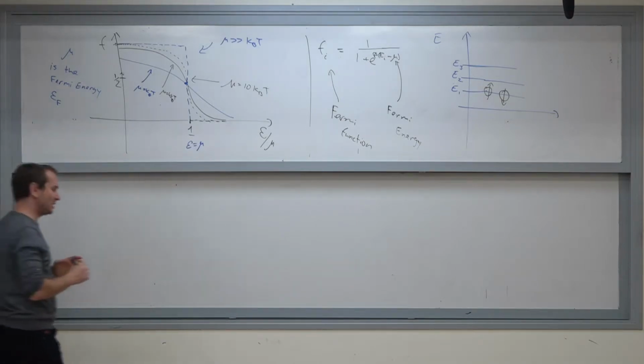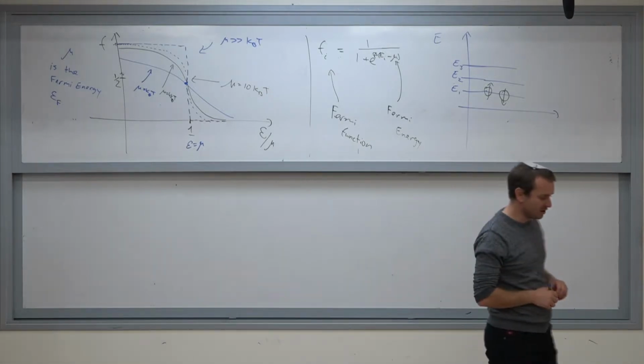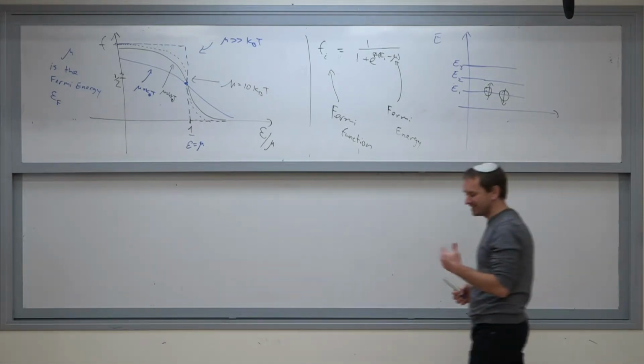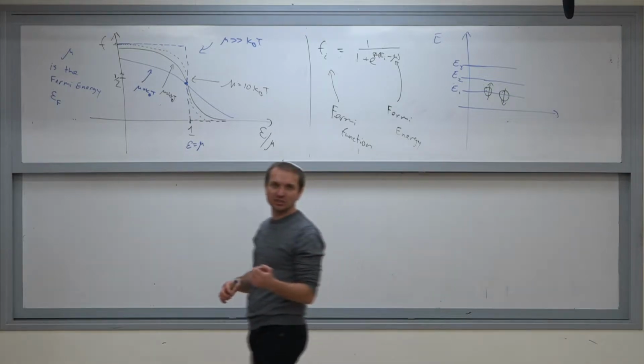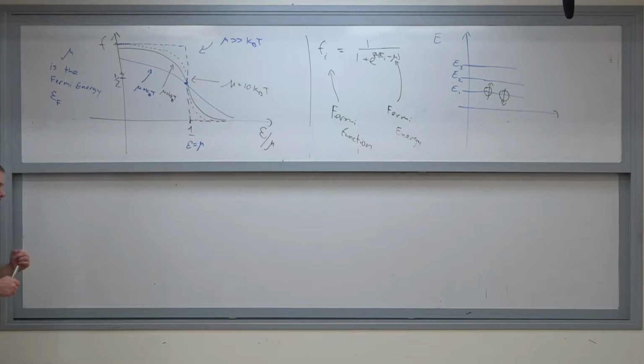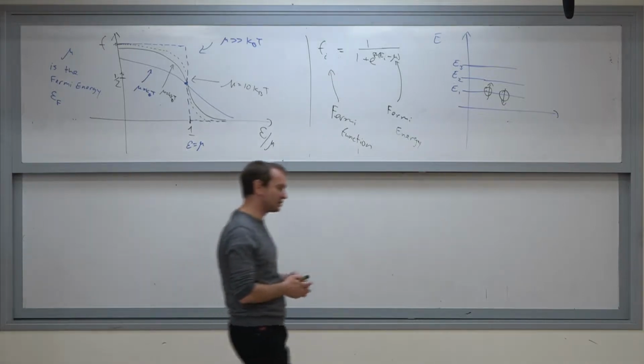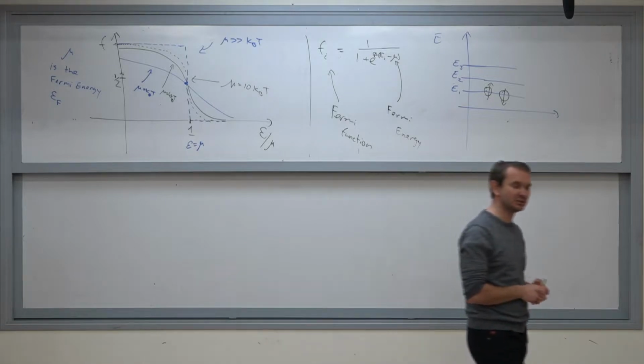Think of what actually happens. At low temperatures, the particles are trying to access the lowest energies. Now, they cannot all sit together at the lowest energy. Why? Because it's a fermionic system and there is the Pauli exclusion principle.